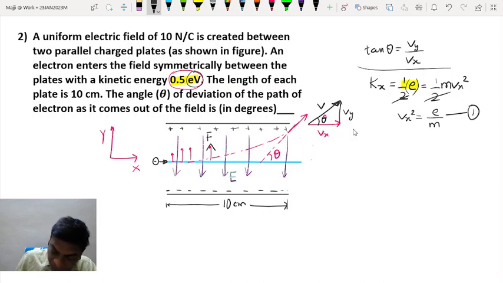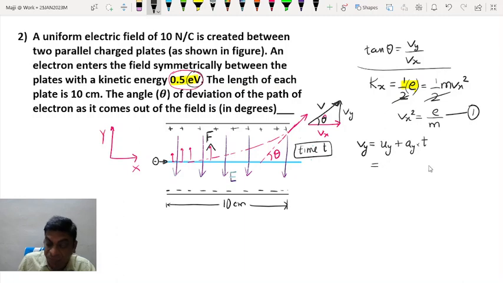Now as it comes out, it will gain speed. That gain in speed is because of the force experienced. Let us say that it crosses the space between the plates in time t. So meanwhile, during this time t, it is getting accelerated along the y-axis. So the vertical velocity Vy can be obtained as initial velocity plus acceleration into time.